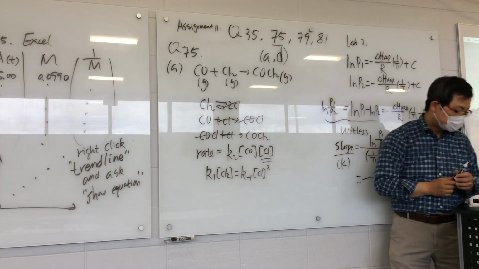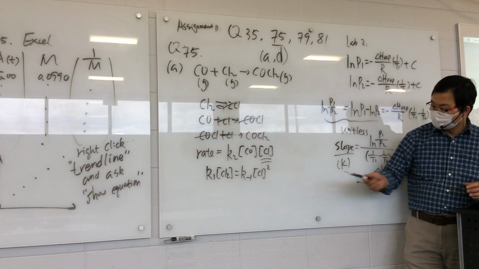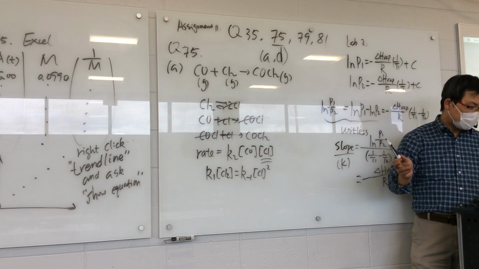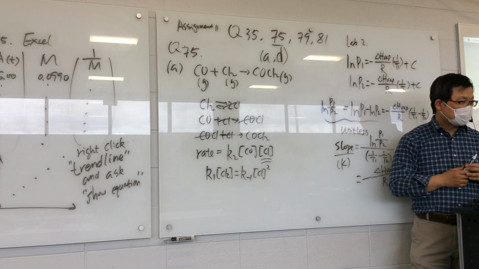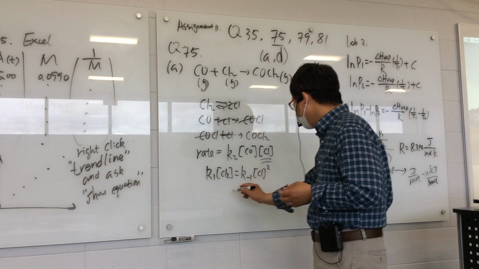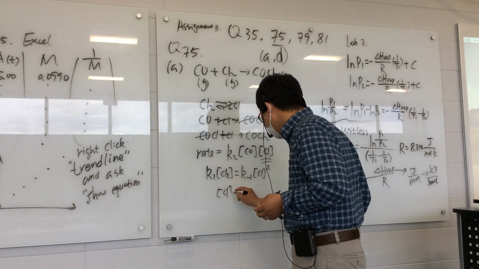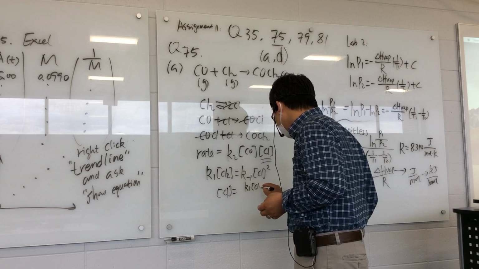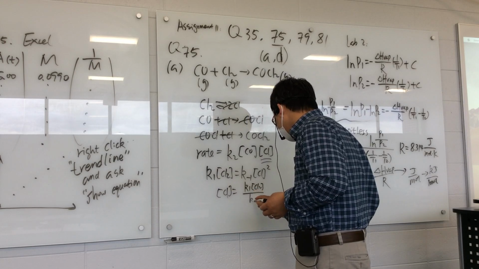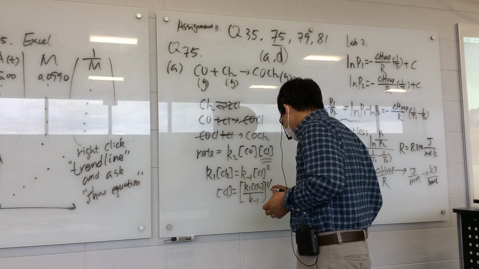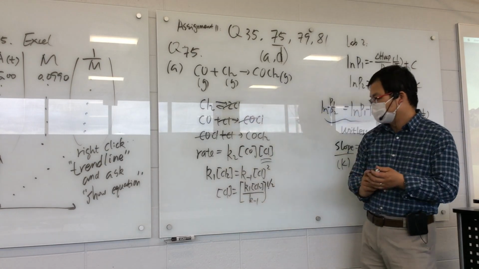Here. Because it's equilibrium, then the forward and the backward reactions are the same in rate. And from here we know the chlorine equals here.